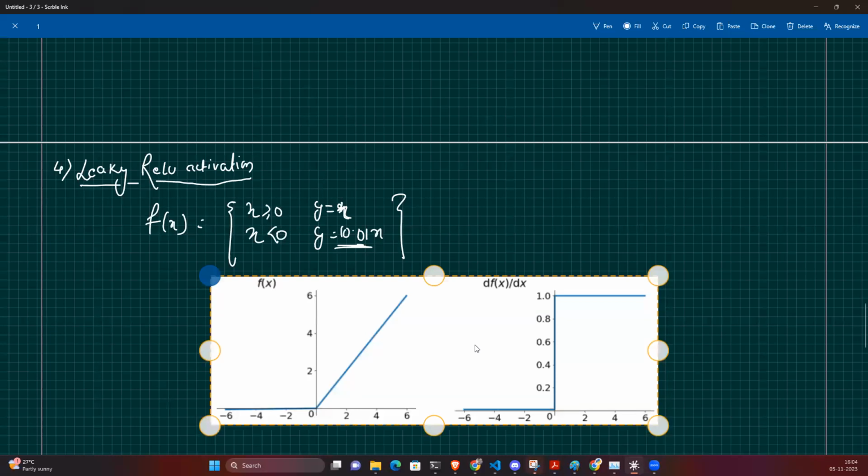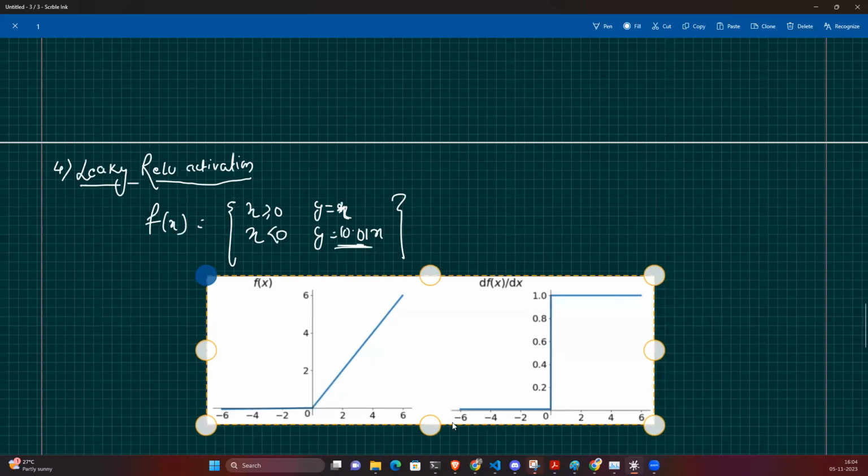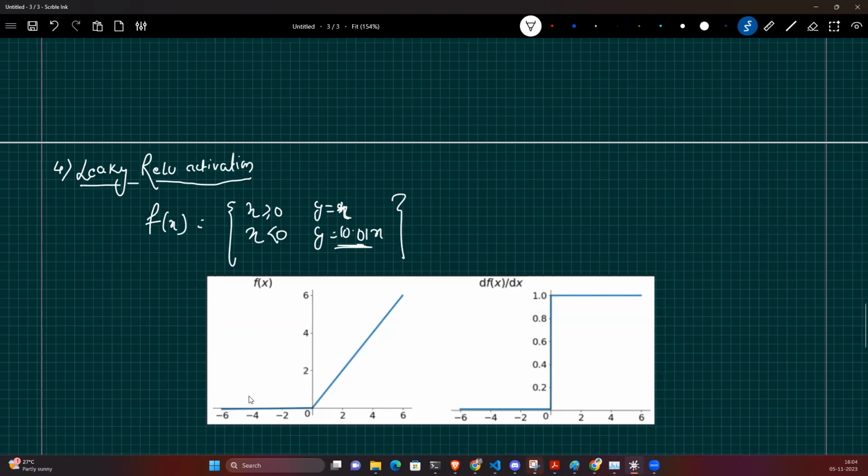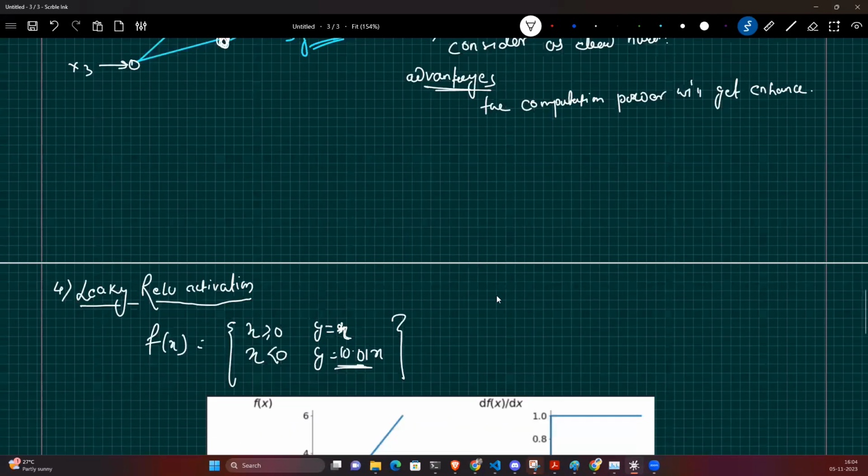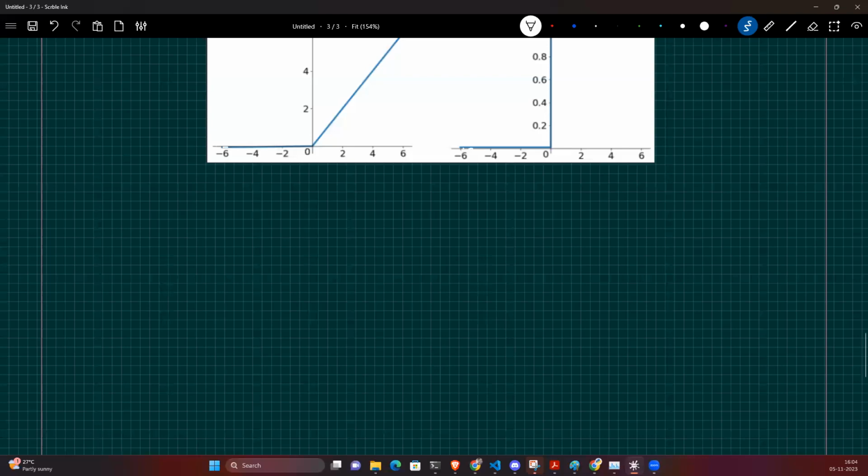It will pass through the origin, but the output is slightly above or below the x direction in the negative side. In that way, it is going to work. Here also you can see there is a slight difference. So the dead neuron problem that was coming will not occur in the case of leaky ReLU. Okay?